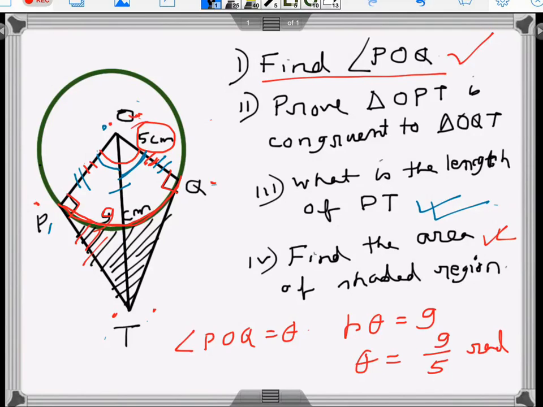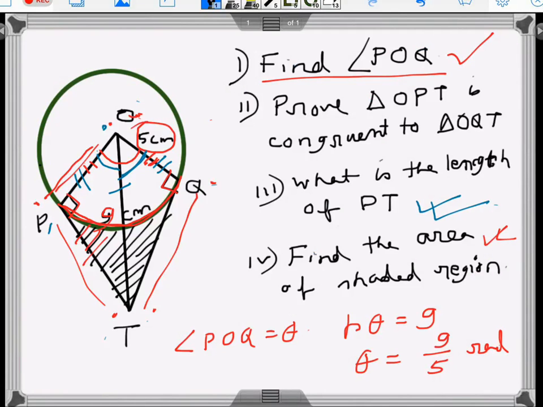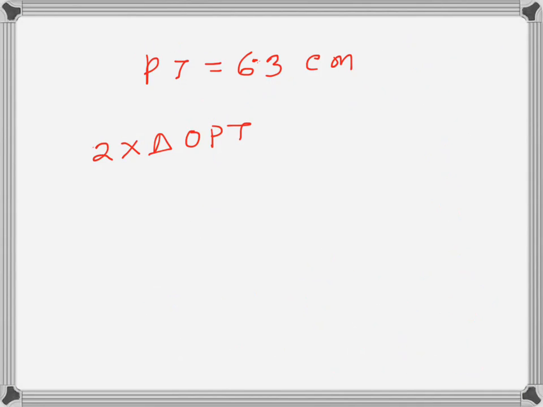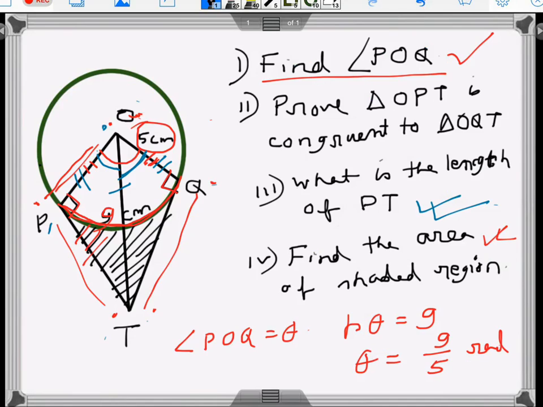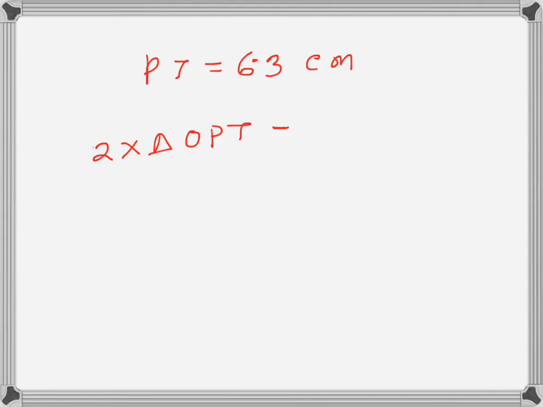I can try finding the area of the full quadrilateral, which will be twice the area of each of the triangles, 2 times triangle OPT, minus the area of this major segment, and that one's area is given by the formula half r squared theta.